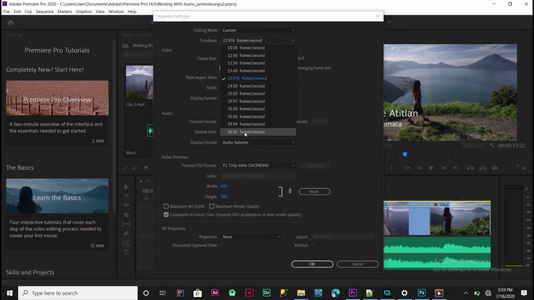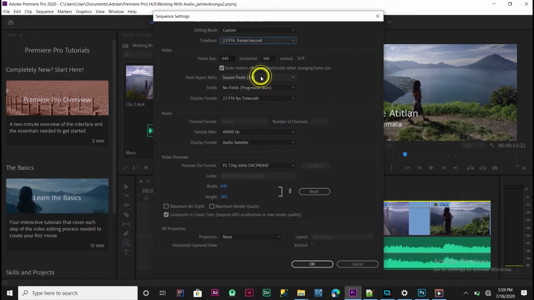Also, I wanted to introduce what we call resolution.